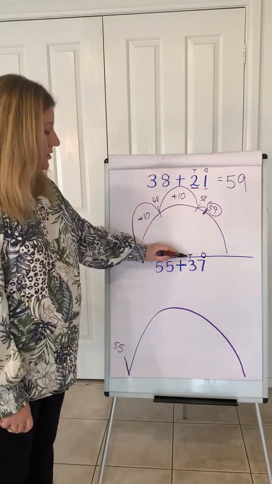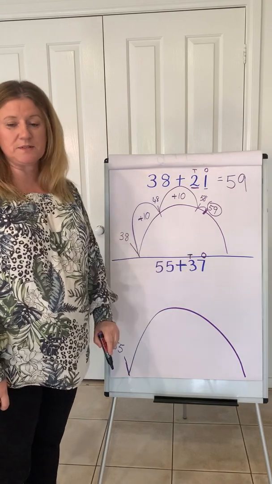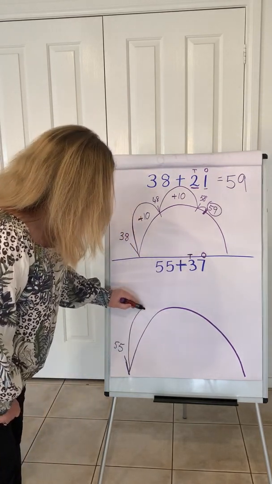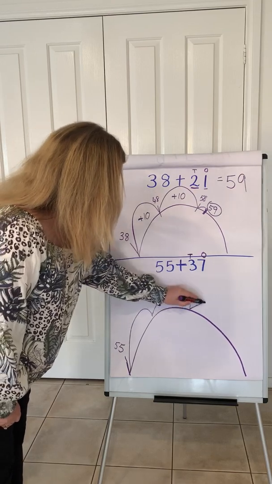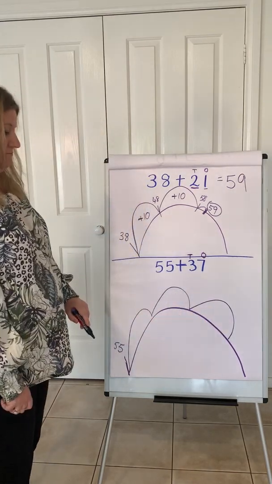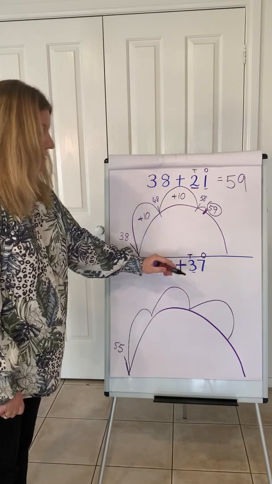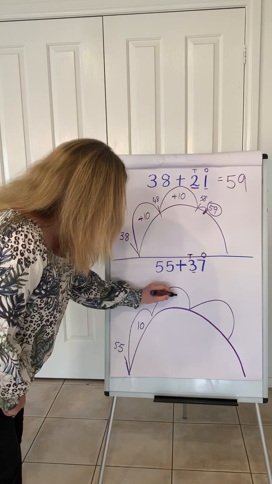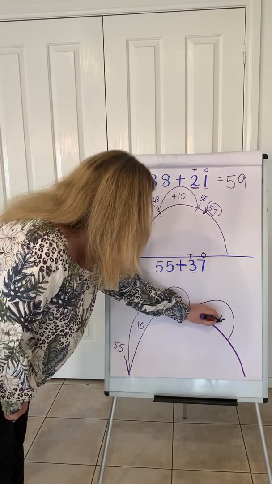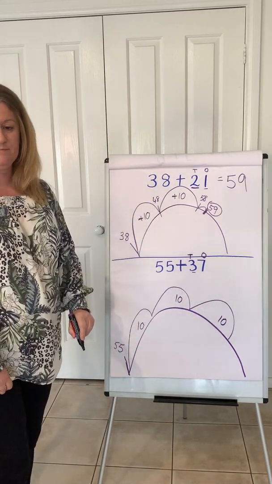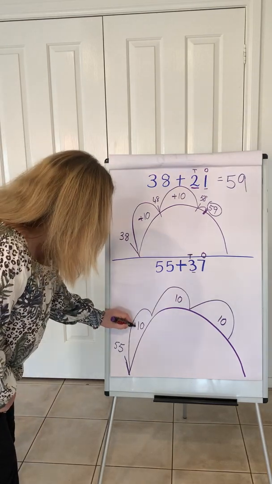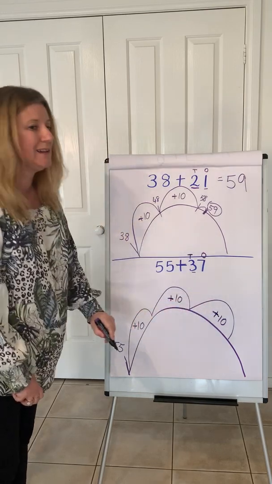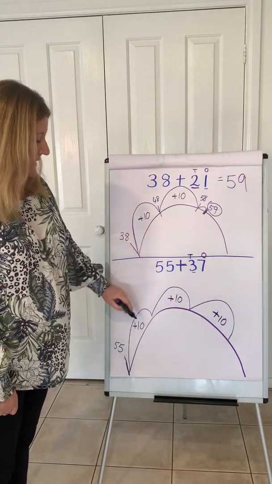So let's do 3 big jumps because we have 3 10s. 1, 2, 3. 3 jumps of 10. 10 here, 10 here, 10 here. So I am plussing 10, plus 10, plus 10, because that makes 30.